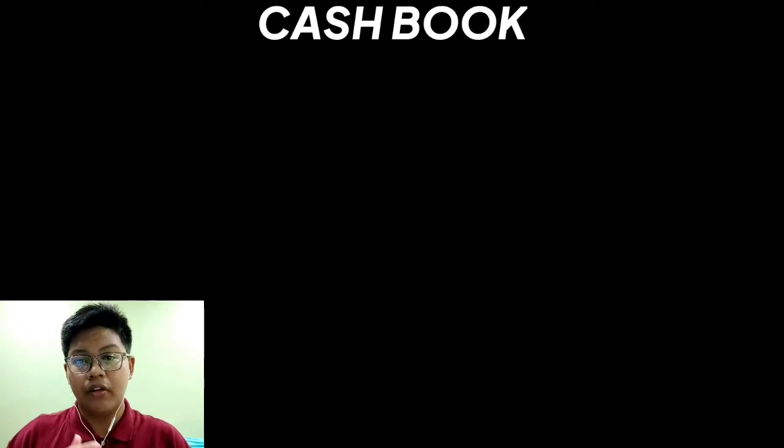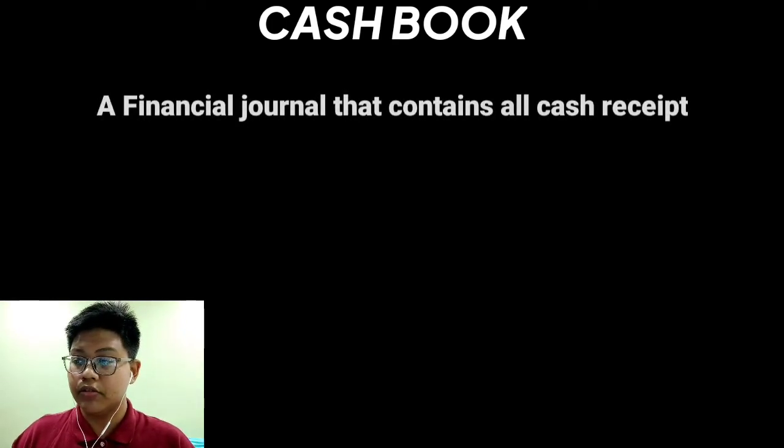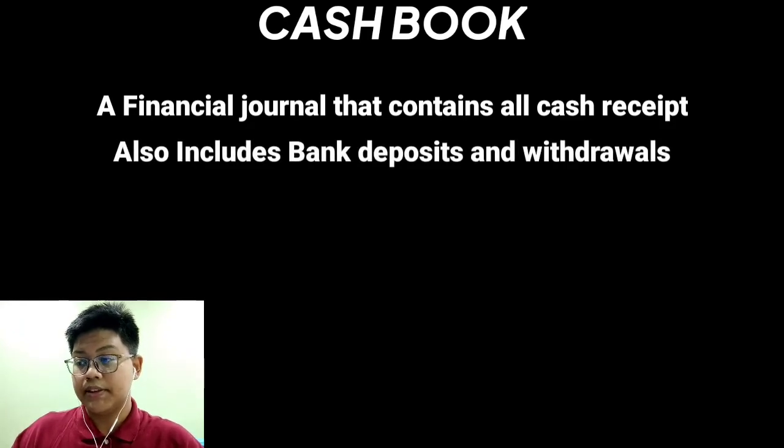So we have already talked about cash bills, so let's talk about what is the cash book. The cash book is a financial journal that contains all cash receipts. It also contains bank deposits and withdrawals.